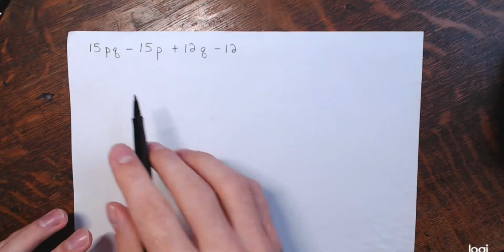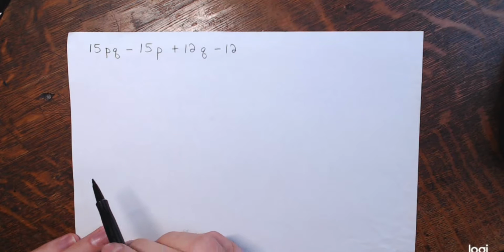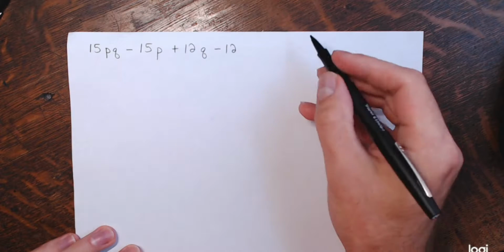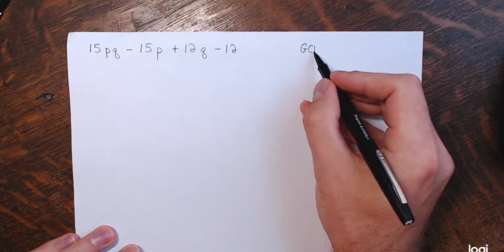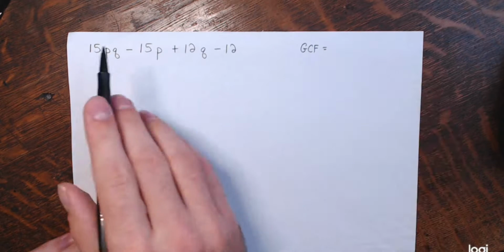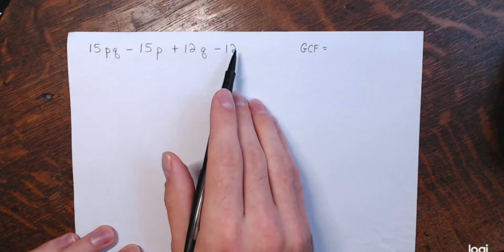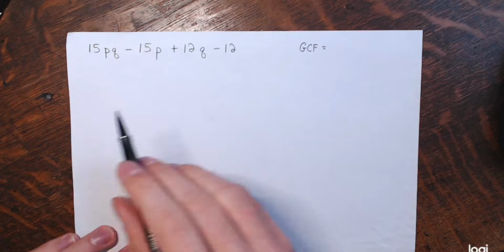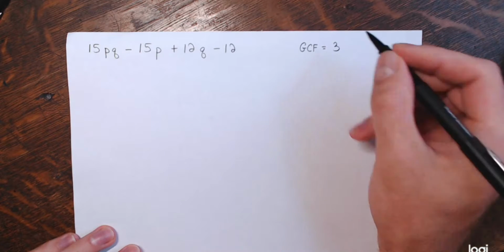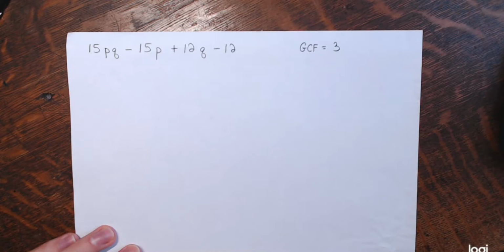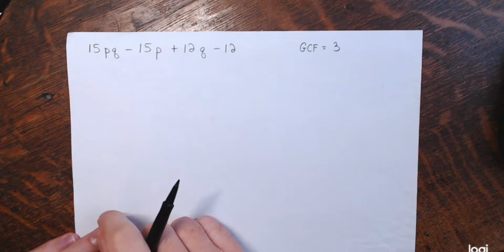Alright, so start the strategy over. First question, what's the greatest common factor of all the terms? Well, this time, 3 goes into every single one of those coefficients, and that's the largest number. And that's all they share as a common factor.